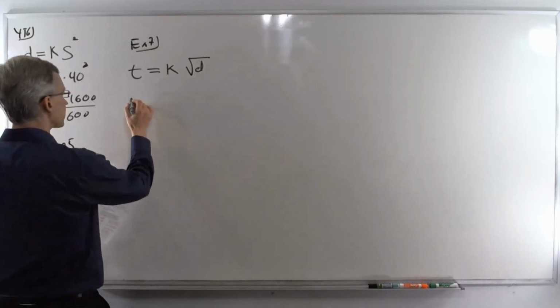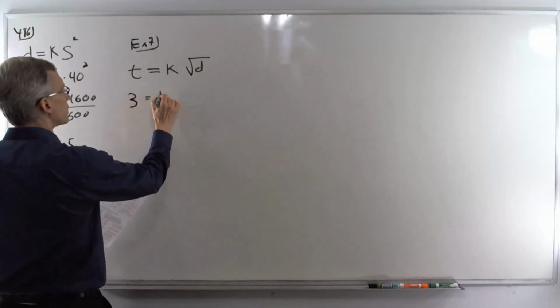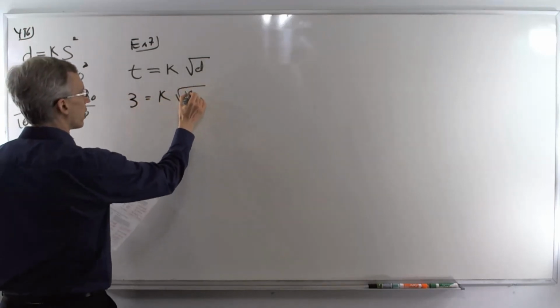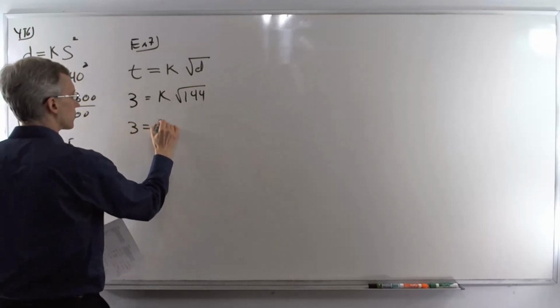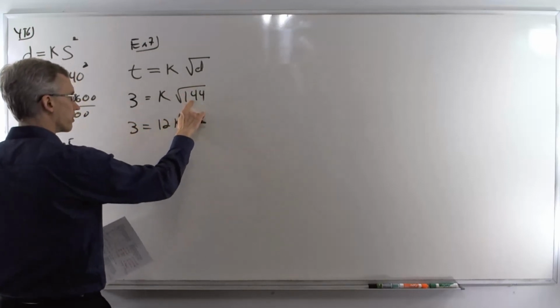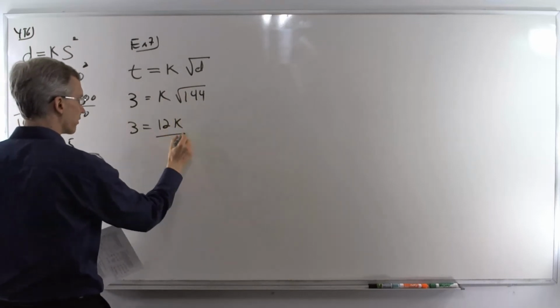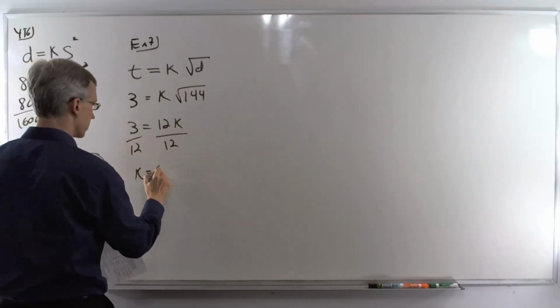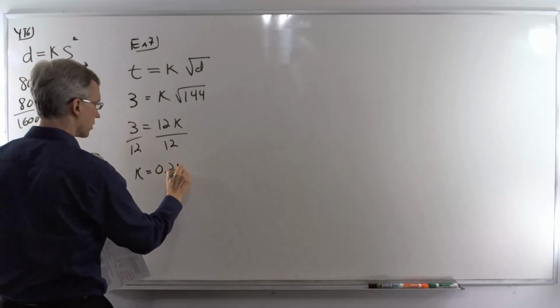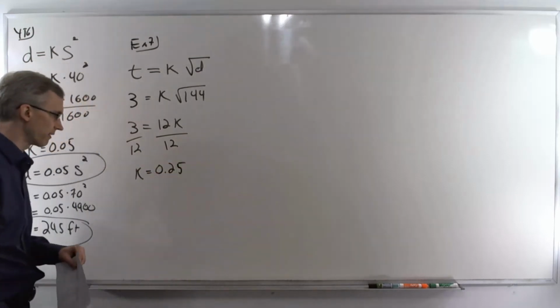So we got 3 seconds, k square root 144 feet is the distance. Square root of 144 is 12, so we got 12k over here, divided by 12, and k equals 1/4 or 0.25.